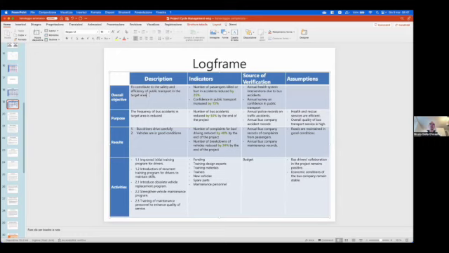So we don't realize the whole objective, but we contribute to this. How do we contribute? Through the reduction of the frequency of bus accidents. There may be other projects that contribute in other ways.